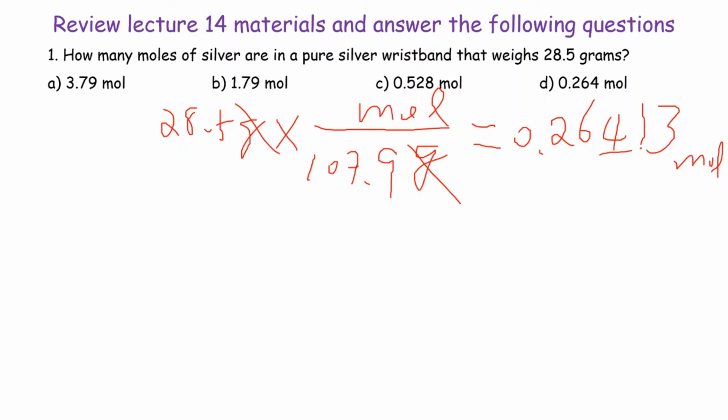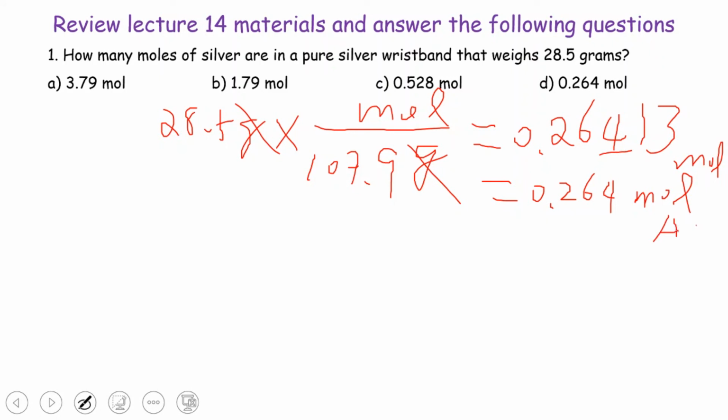We have to drop that digit and the digits after that digit. So therefore, that should give me 0.264 mole of silver. So therefore, D is the correct answer.